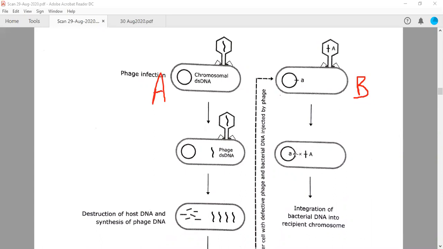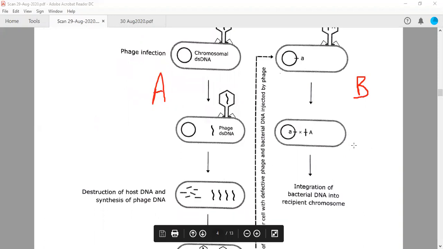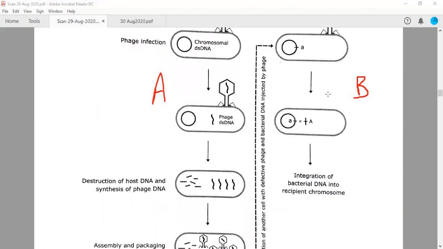If this is integrated inside the bacterial chromosome, then this particular bacteria is modified, its expression will change. So this integration of the bacterial DNA into the recipient chromosome will make a completely new bacteria, which has some different phenotype, right? So actually there is a name for all these recipient cells, after they have integrated the incoming genes or fragment of DNA inside their chromosomes.